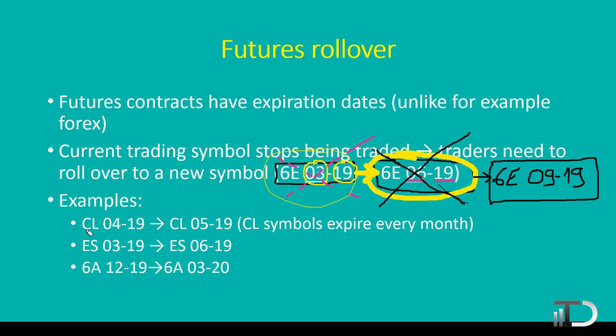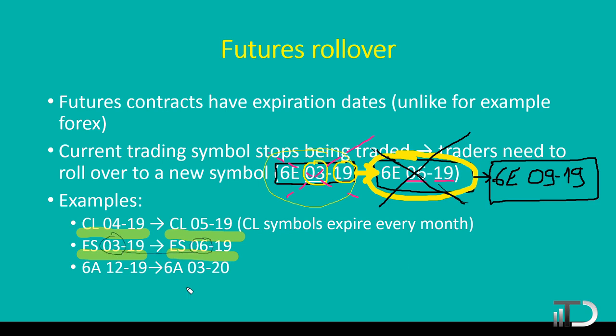Here you have some examples of the symbols and their expiration dates. So for example, CL, which is crude oil, expires in the 4th month of 2019, and the next one you roll over to will have expiration in the next month. The crude oil symbols expire every month. In this example, this is the ES, Standard & Poor's futures, expiration after 3 months, from March to June.